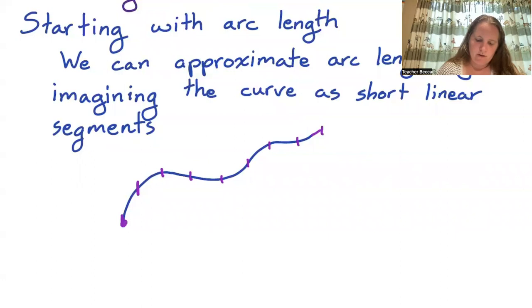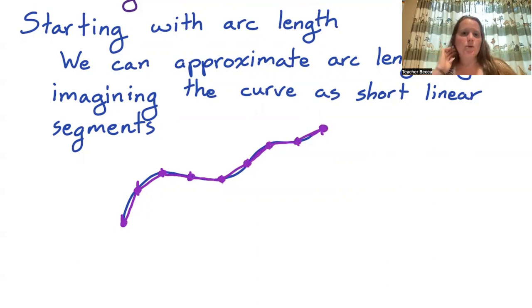And then we'll just draw the secant line connecting the two endpoints of each segment. So we're imagining our curve as a bunch of linear segments pieced together.